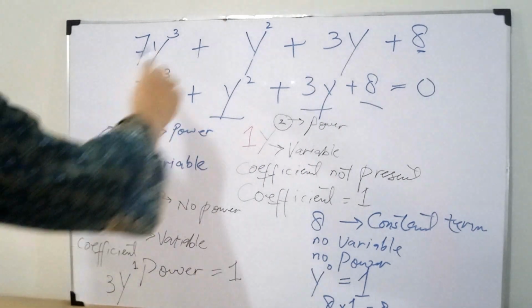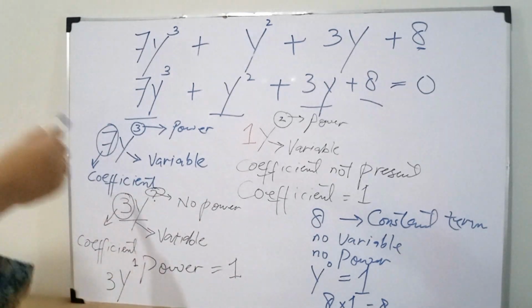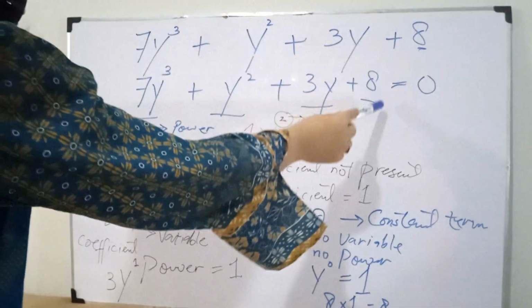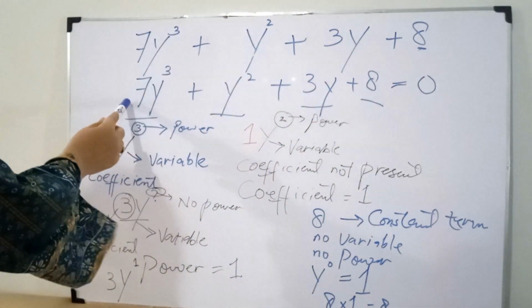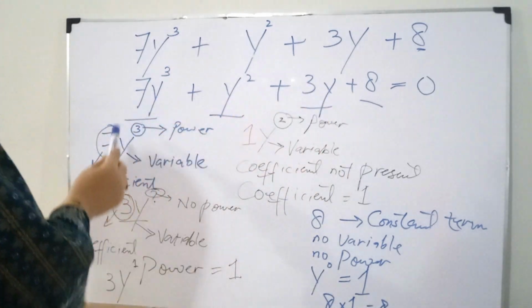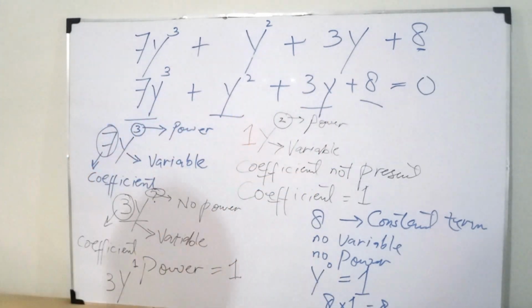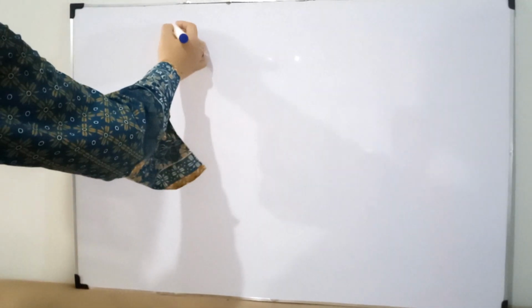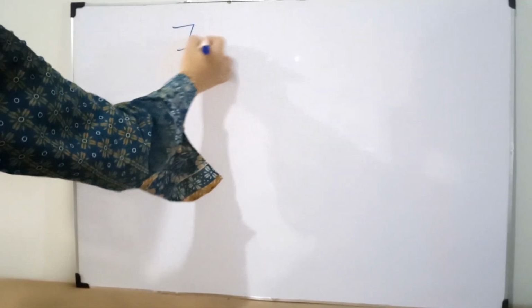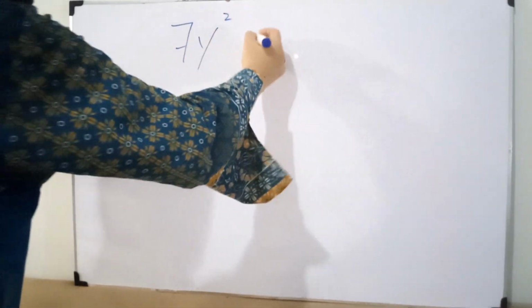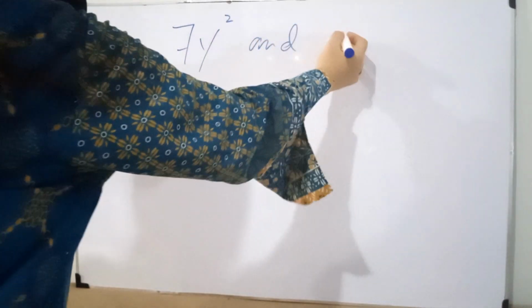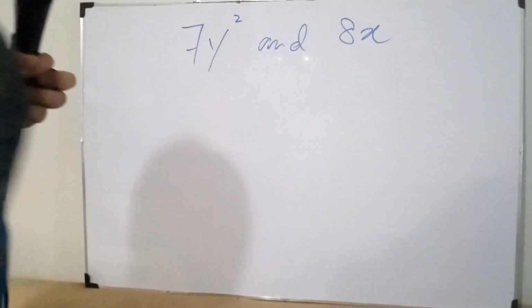Now you can easily understand the difference between an expression and an equation, their terms, and the components of each term. Now come to the factor. Here we have an example with two components, 7y square and 8x.